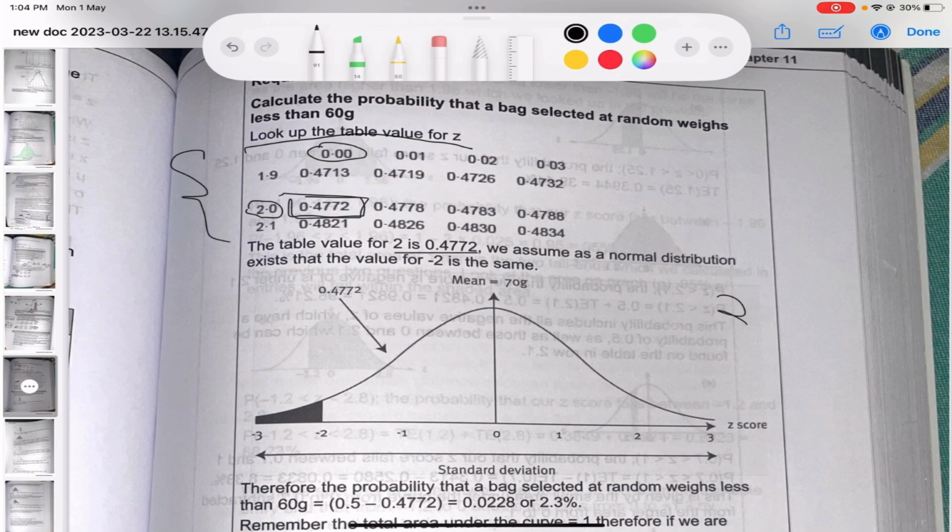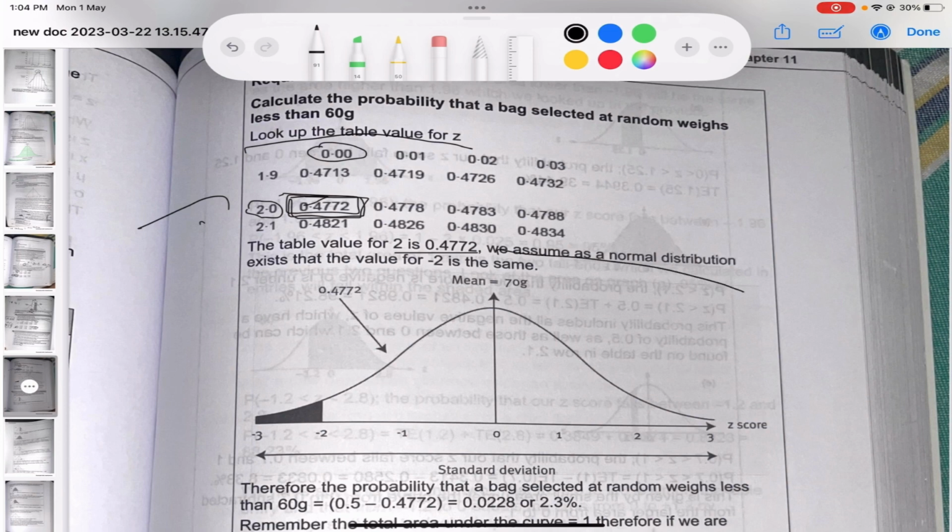Now, as we have discussed earlier, the value between 0 and 1 will be equal and symmetrical to the value between 0 and -1. So even if we have taken the value for +2, the value for -2 will also be the same because the bell curve is symmetrical in nature. So here my value is going to be 0.4772.